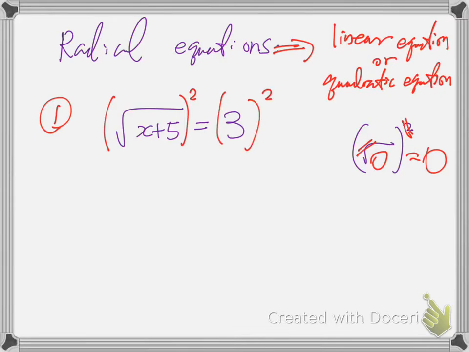Second power and radical sign cancel on the left, so we got x plus 5. On the right-hand side, 3 squared, and 3 squared is 9. So we got a new linear equation.